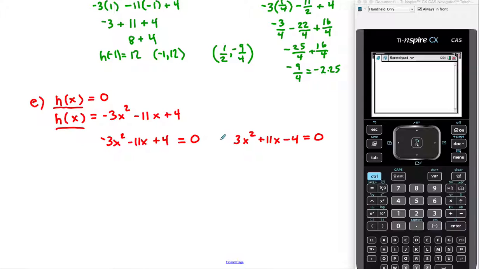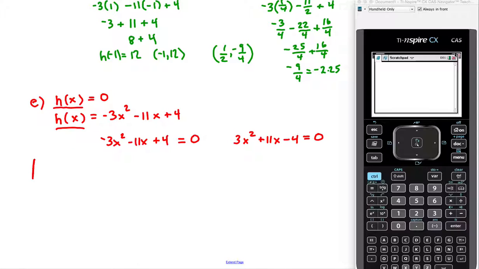You can solve either one of these. These are going to give you the same answer. So if you're more comfortable factoring this one, then just add your 3x squared, add 11x, and subtract 4 to the other side, or multiply both sides by a negative. Whichever way you want to do it.